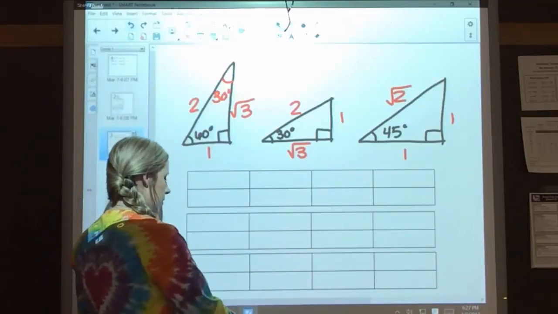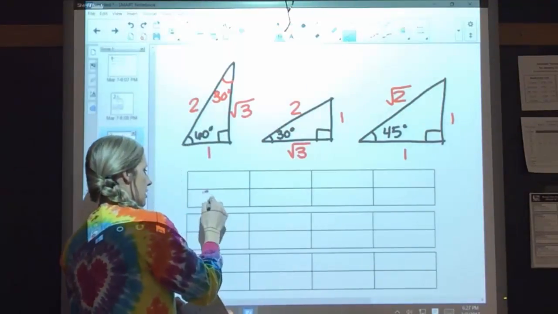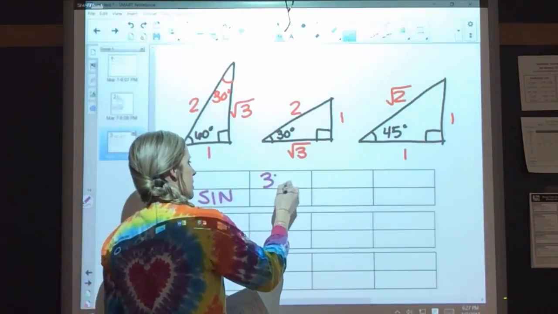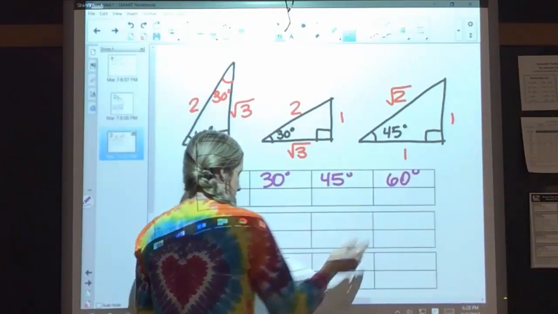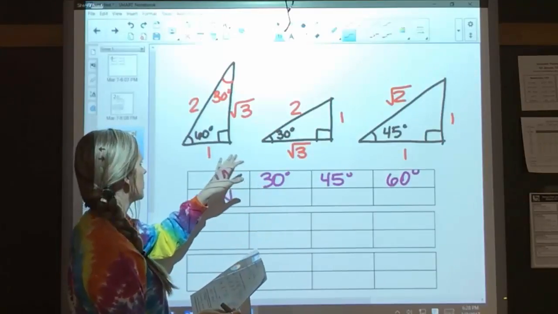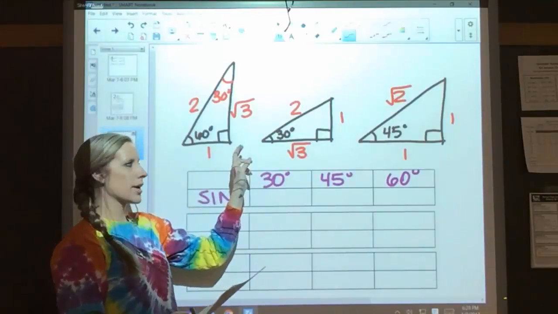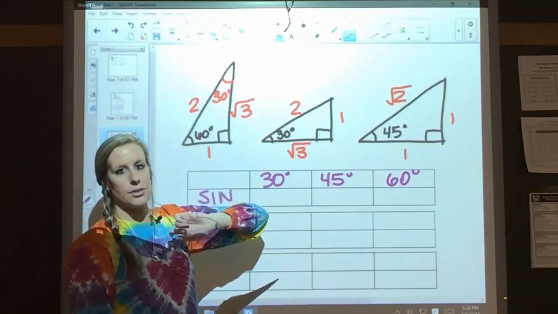Okay, so now we're going to find our sine function for 30 degrees, 45 degrees, and 60 degrees. So sine of 30 degrees, and you can look at whatever triangle you want, but your sine is going to be the opposite over hypotenuse, right?